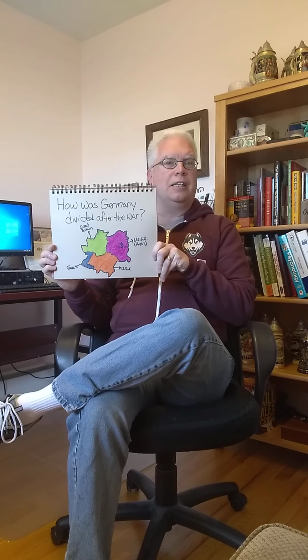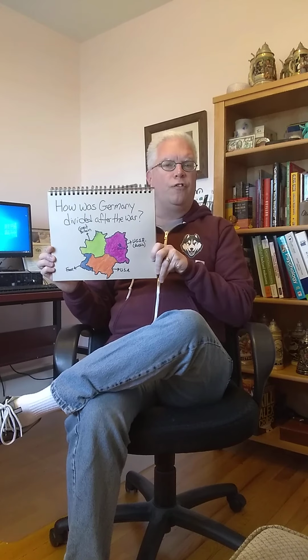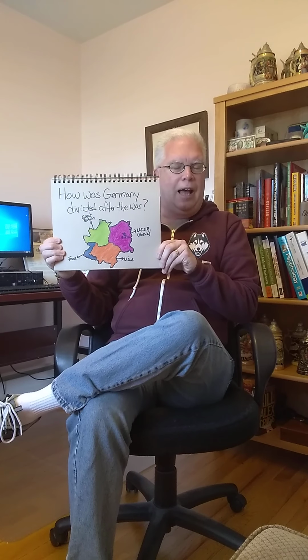So we drew a map here, and Germany, being the loser of World War II, basically ended up being taken over by the Allies at the end of World War II and put into 4 different spaces. So you can see here that Great Britain took the green area, which is on the map, and that's in the western northern part of Germany.